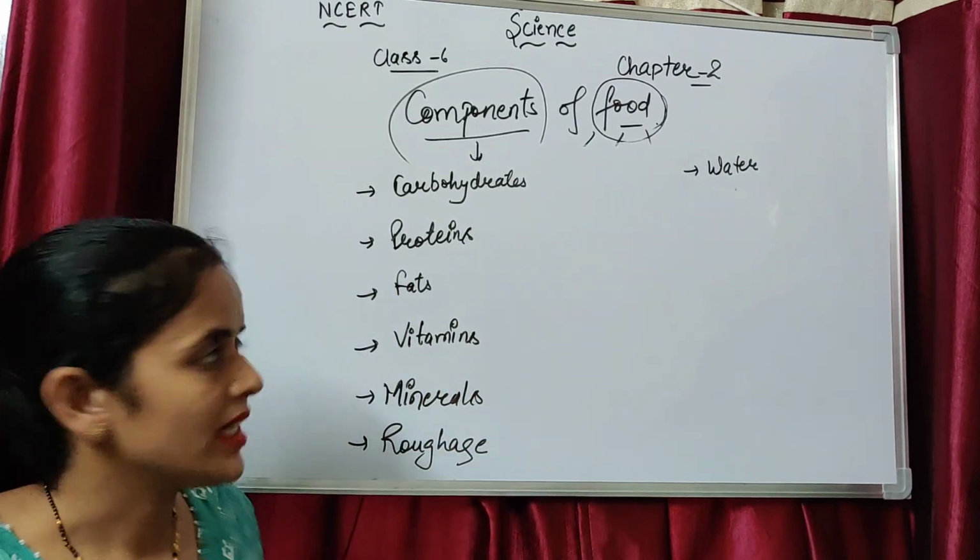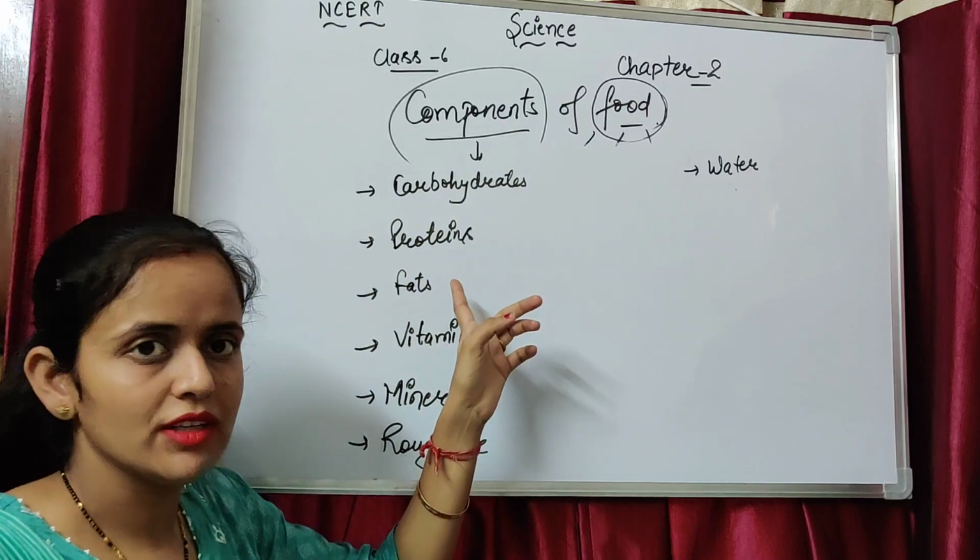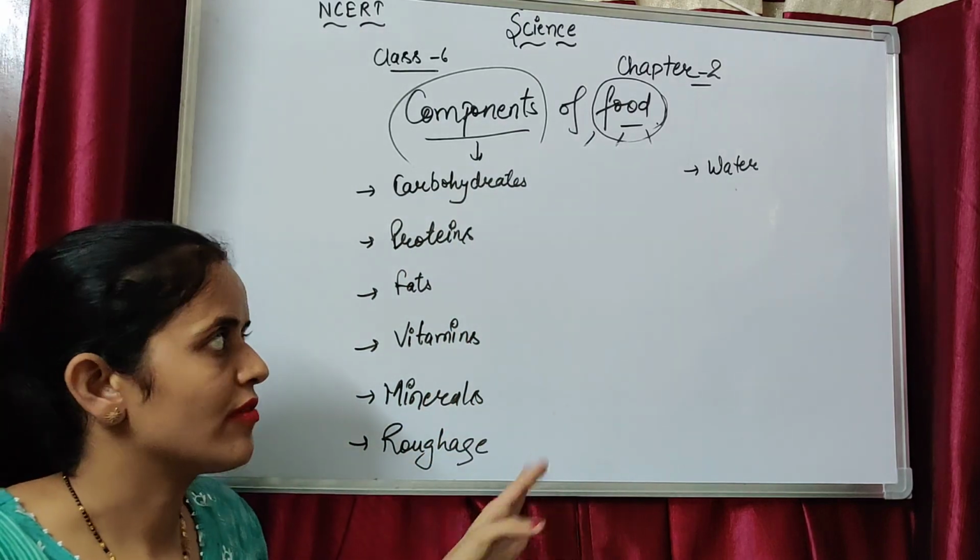A food item contains these components: carbohydrate, protein, fats, vitamins, minerals, roughage and water.